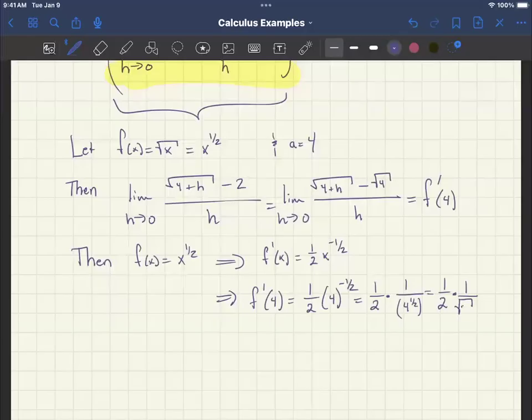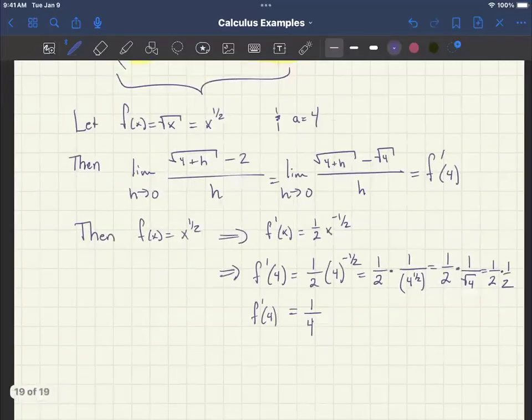4 to the 1/2 is really square root of 4. Let me clean that up just a little bit because it looks gunky there. And square root of 4, as we know, is 2. And so we end up with f prime of 4 is the number 1/4.